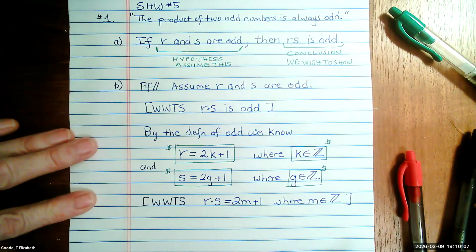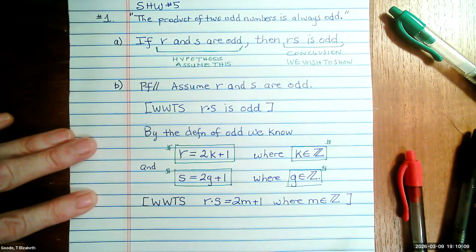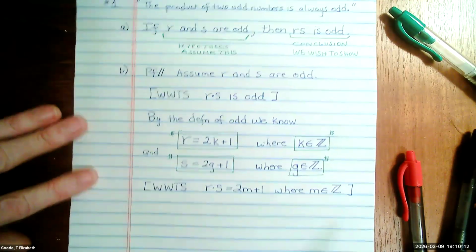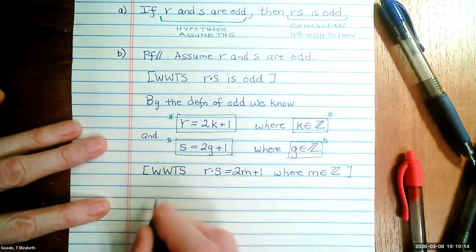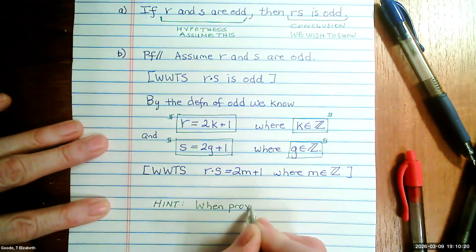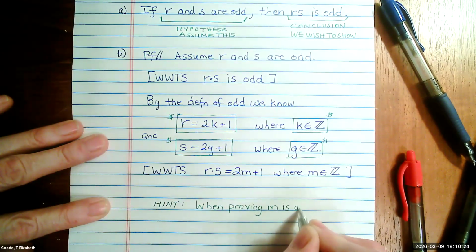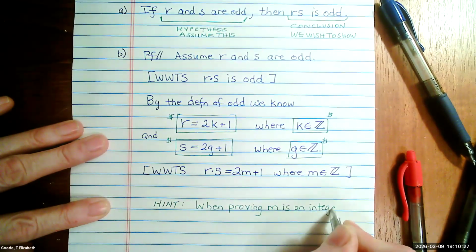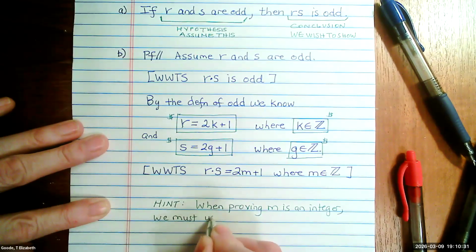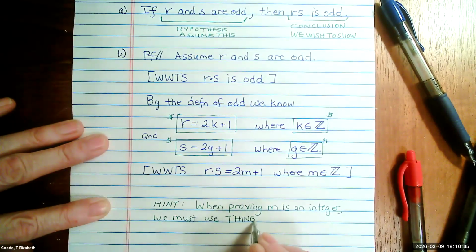Okay. And I'll leave the rest to you. I'm sure you can do the algebra. I'm sure your algebra is fine. And I'll just give you a hint. When proving M is an integer, we must use things we may assume.